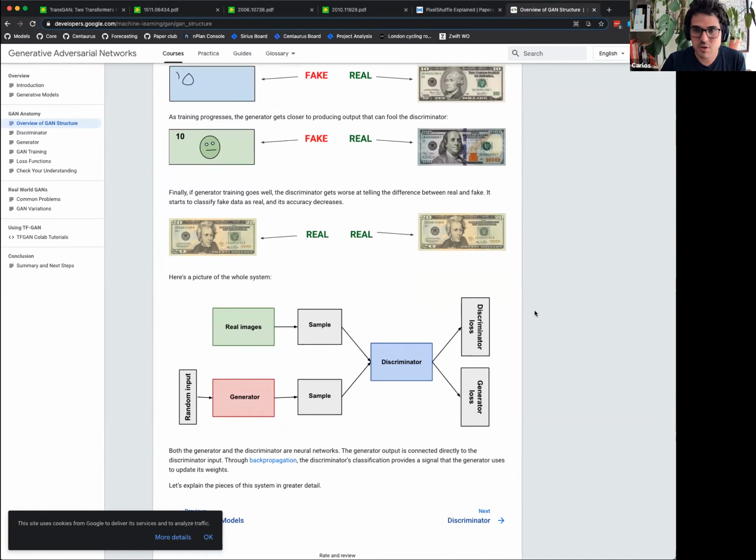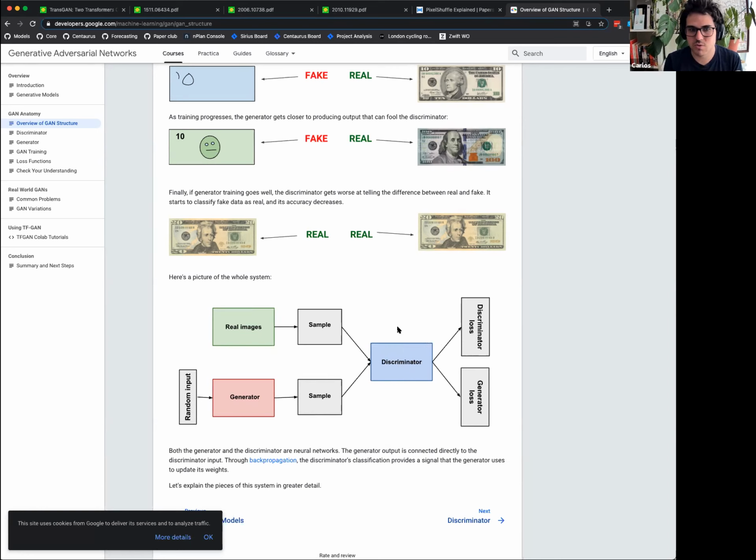The training process is actually very simple. You train either the discriminator or the generator, and you train them separately. You start by creating the discriminator loss, which is basically a classification loss. You give it real images and images created by the generator, and the backpropagation teaches the discriminator to classify an image as real or not real.